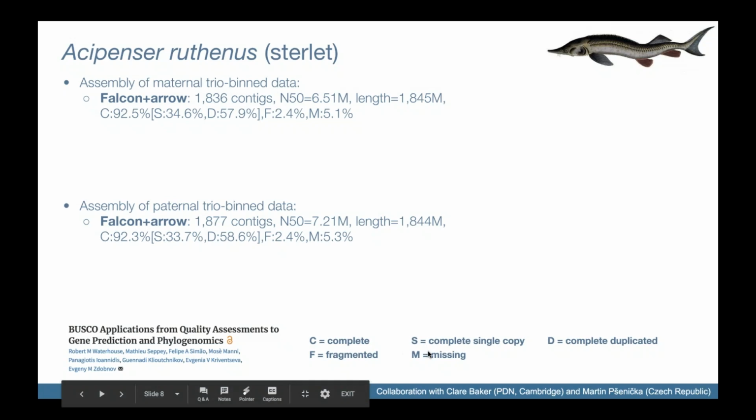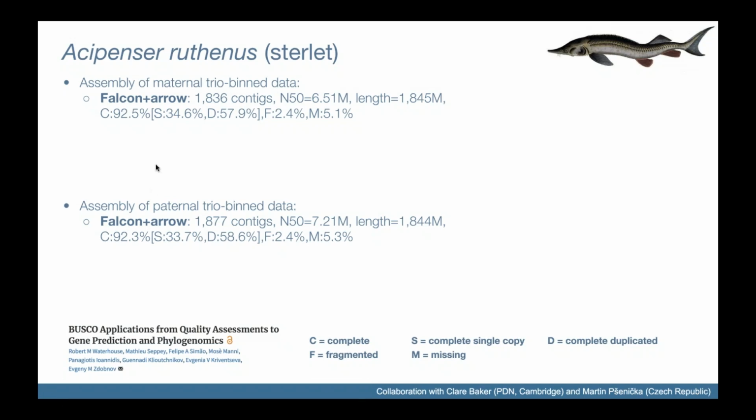And then F is fragmented and M is missing. So for fish genomes, this 92% is quite good, especially at this stage of an assembly, pre-Illumina polishing or anything like that. And then I guess the interesting thing here is the duplication rate is quite high, and that's because of the tetraploidy. We have a lot of multi-copy genes in this genome.